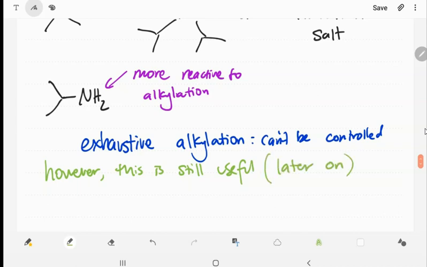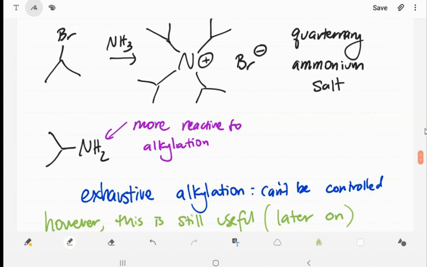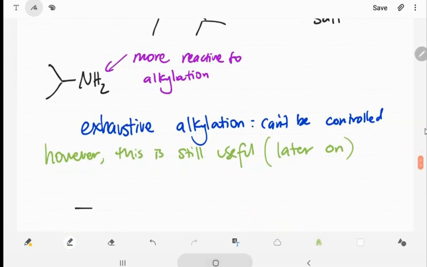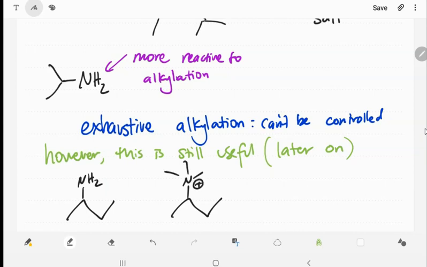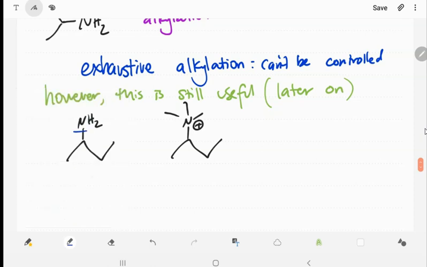When we talk about the Hofmann elimination, it uses this idea of exhaustive alkylation. Because we're going to see that ammonia, or rather the amide ion, is a terrible leaving group.